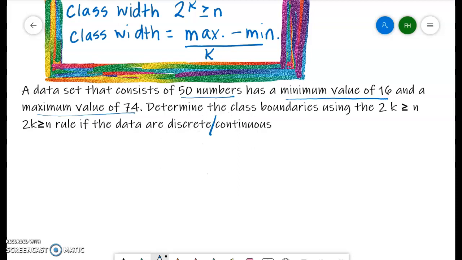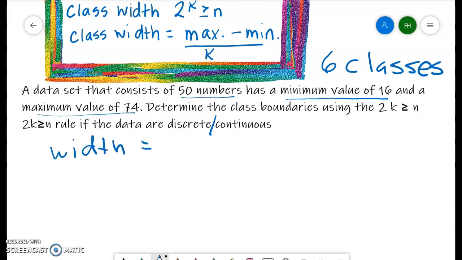So we're going to have 6 classes. So now we need to determine the class width. To determine the class width, we're going to take the maximum minus the minimum values. So our maximum value is 74 minus our minimum value of 16 divided by k, which we just determined.